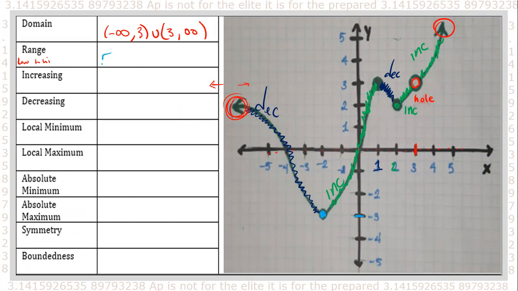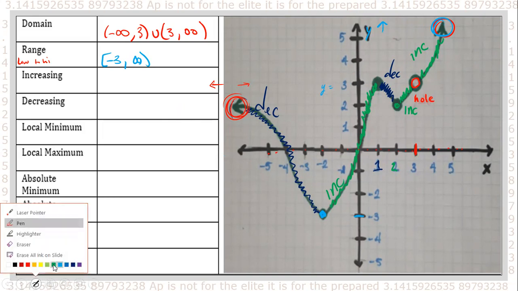So the lowest I can go is negative 3, and it goes all the way up. Now this part right here at y equals 3 looks a little confusing, but in reality it's still accounted for. I can still have a point at y equals 3, right? And it continues all the way up to positive infinity. My y's go all the way up because this little endpoint approaches infinity.